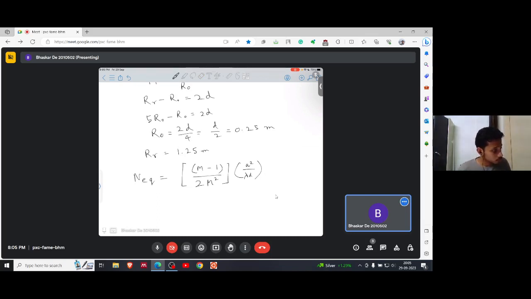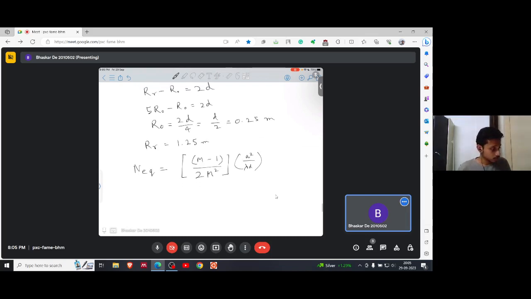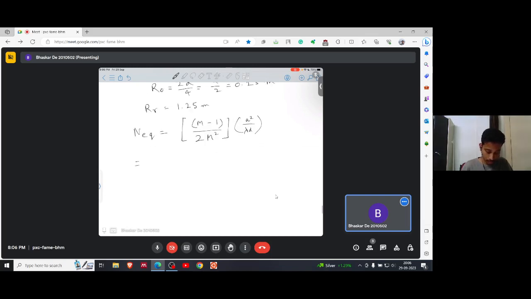So this Fresnel number is calculated to get the loss. So now we have 5 minus 1.